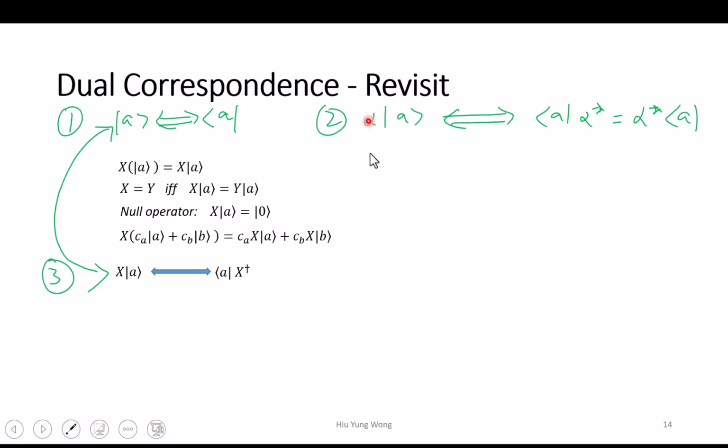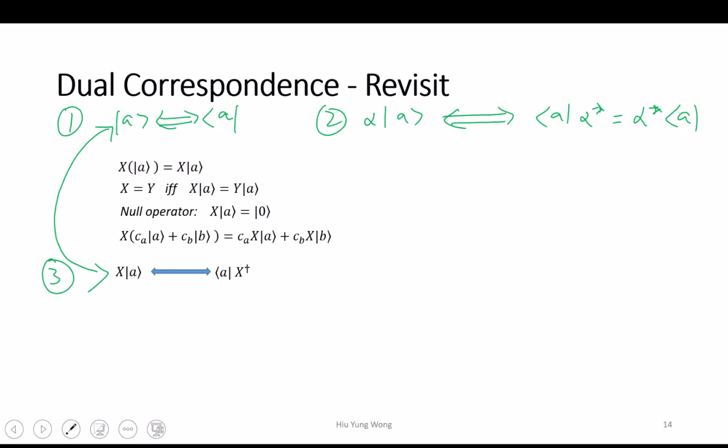If I scale myself by alpha, it's just like I scale my image by alpha star, which is the complex conjugate. If you apply an operation X to the vector, it's just like applying the self-adjoint matrix of X. If X equals X dagger, then yes, it's Hermitian. But now we don't know, it can be just adjoint. So we just apply the adjoint from the right to it.